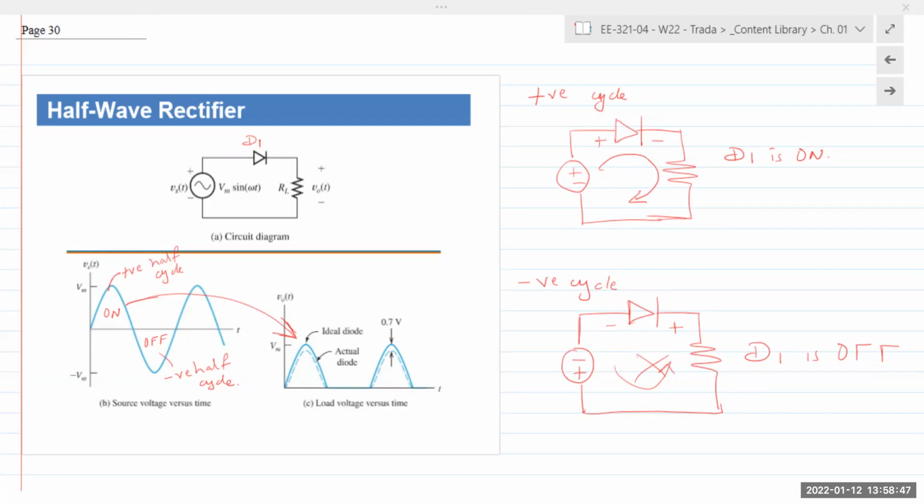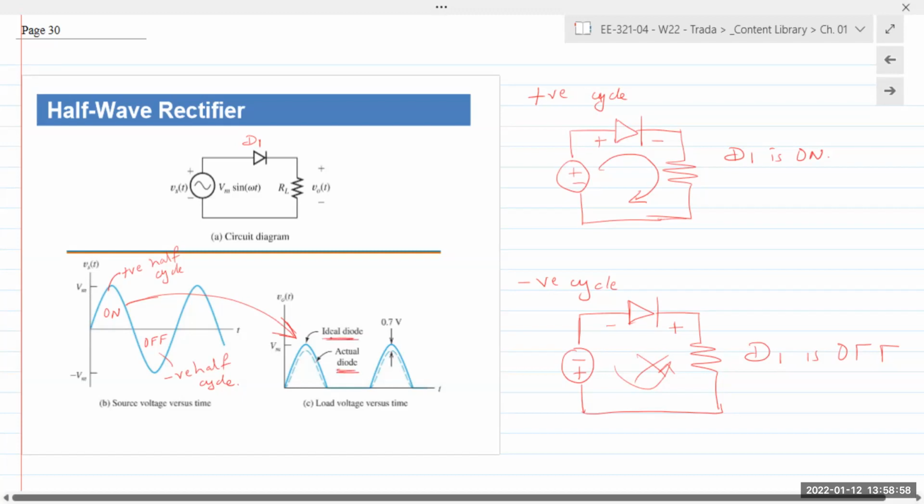And that is displayed by this dotted curve right here, marked as the actual diode or real life diode. So it accounts for threshold voltage.